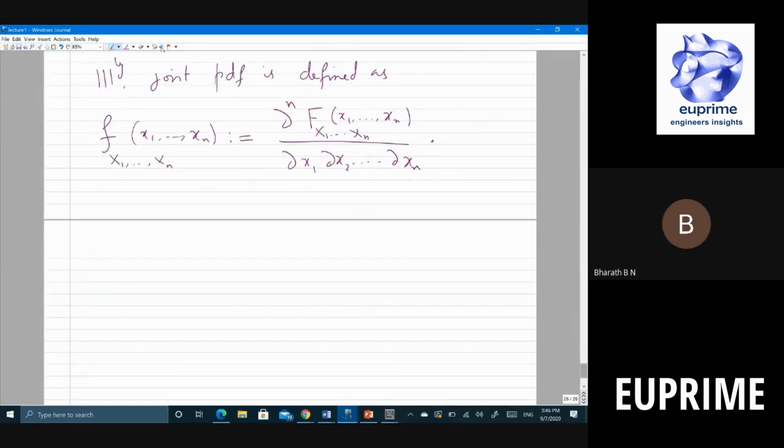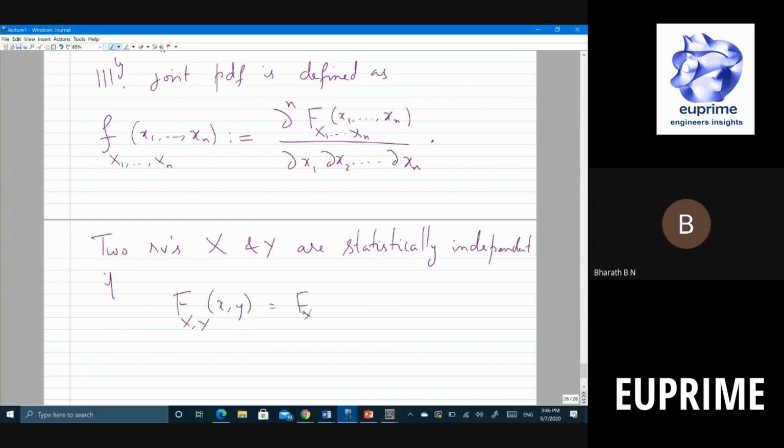Okay, so we say that two random variables x and y are statistically independent if f of xy of x, y is fx of x times fy of y for all x, y.